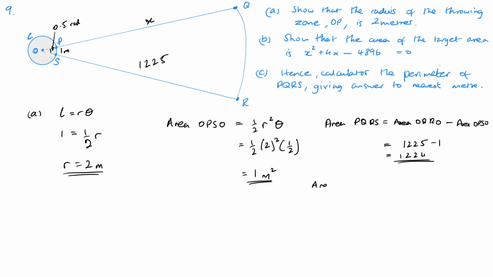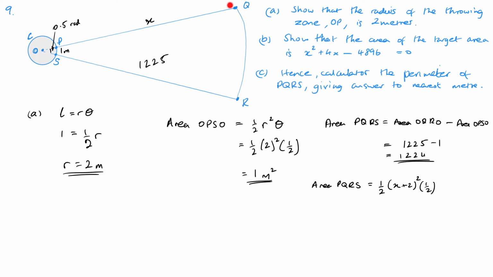Now we're going to do the same again, PQRS. So area OQRO, the larger one, would be a half r squared, so x plus 2 squared. Theta is a half. So that is just simply the radius of 2 and the x.